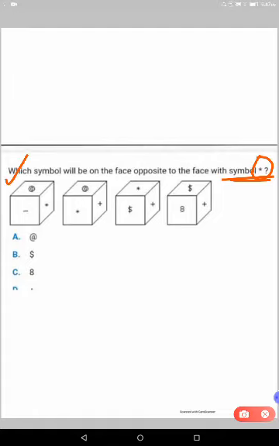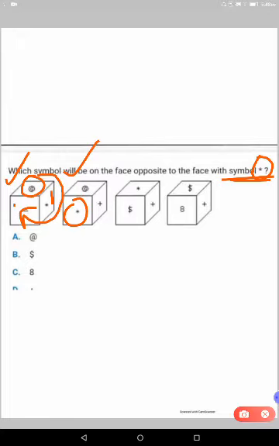Taking into consideration this and this, we have either this as a common figure or this as a common figure. So if we are taking that as the common figure and draw a clockwise line like this, after this, first position is star and second position is this plus.